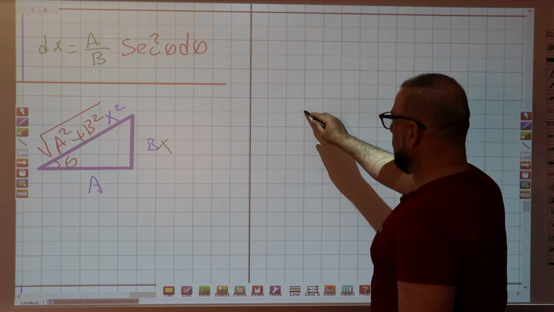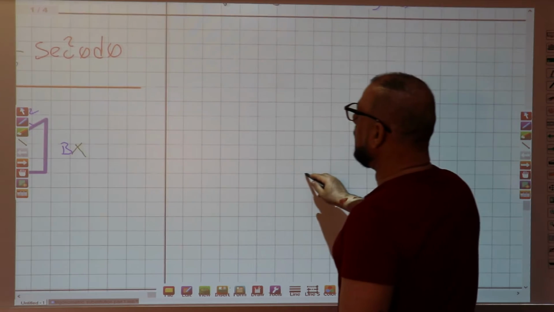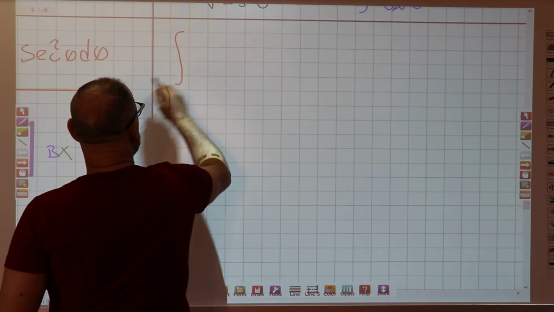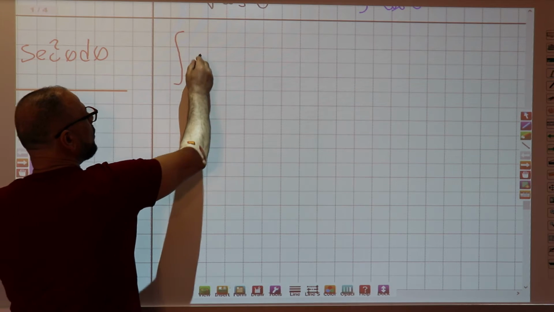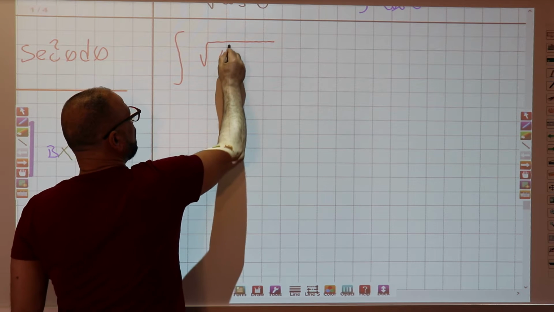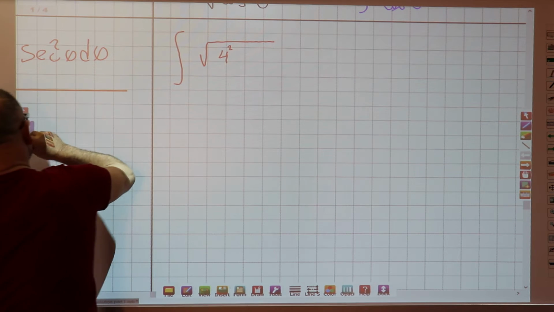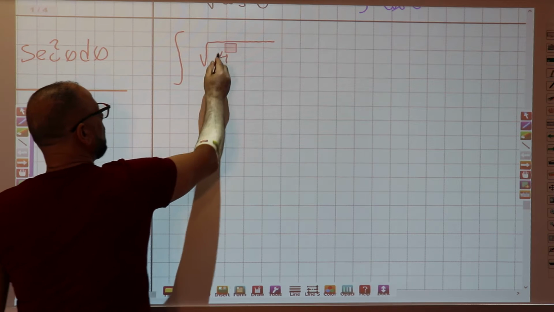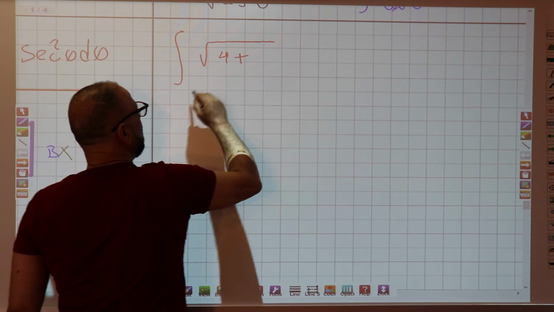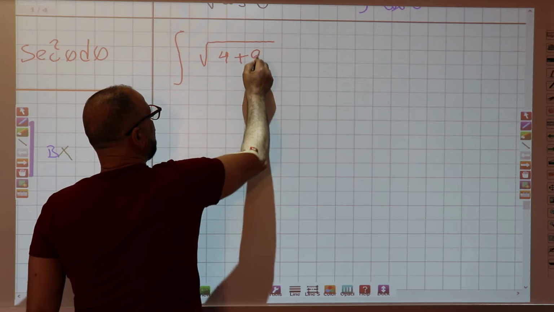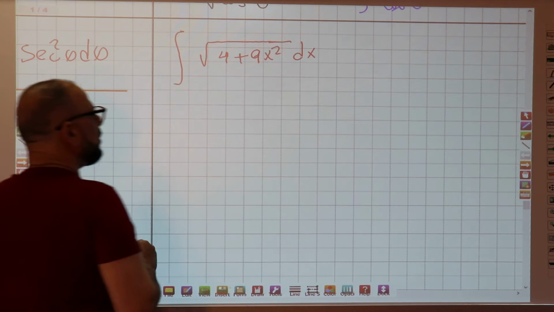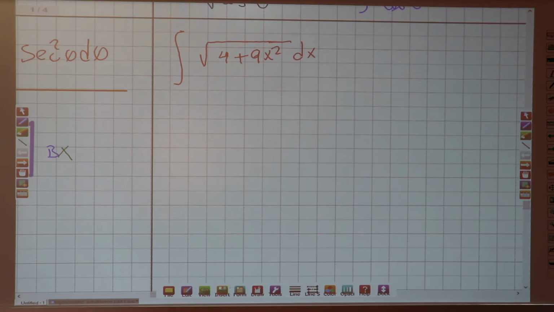Let us take examples, since examples make everything easy. Integration of, easy numbers, 4 plus 9x squared dx. Now what do we have to do?